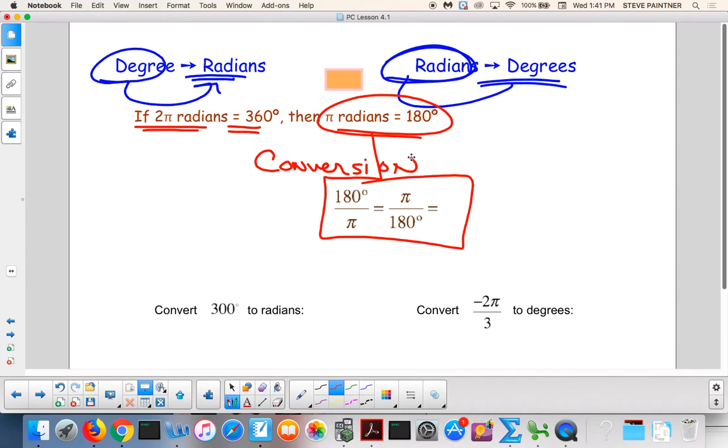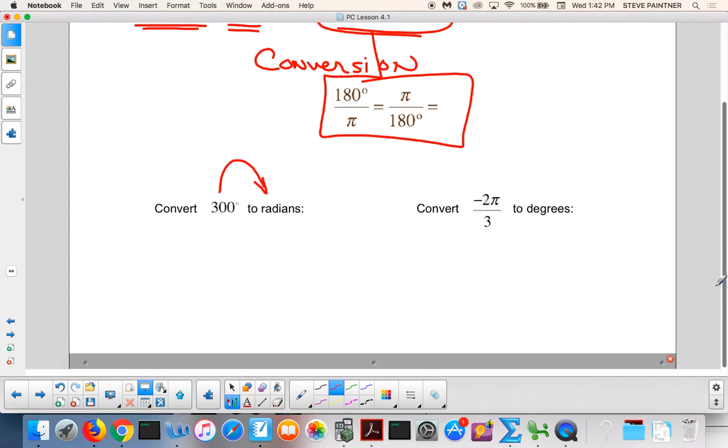Okay, but which one do you use? Well, let's do this. If you want to convert 300 degrees to radians, then you kind of have to know, if I want degrees to become radians, where do I put the radians?